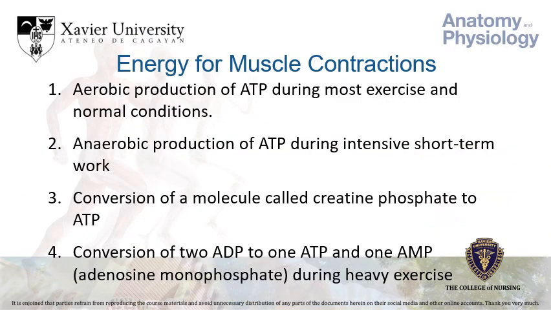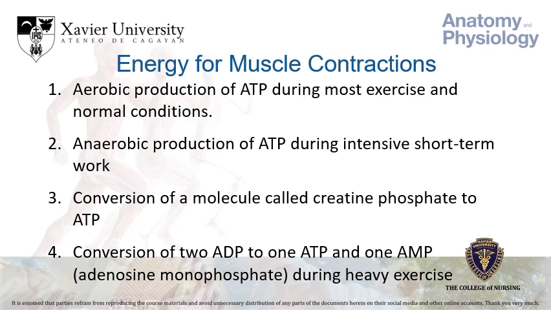Energy for muscle contraction. Muscle fibers are very energy demanding cells, whether at rest or during any form of exercise. Energy comes from either aerobic, with oxygen, or anaerobic, without oxygen, ATP production. ATP is derived from four processes in skeletal muscle.